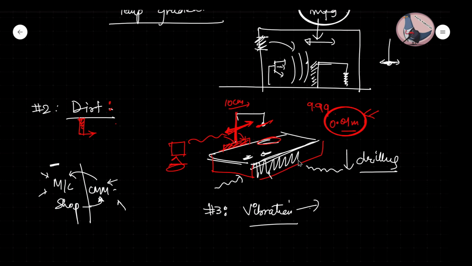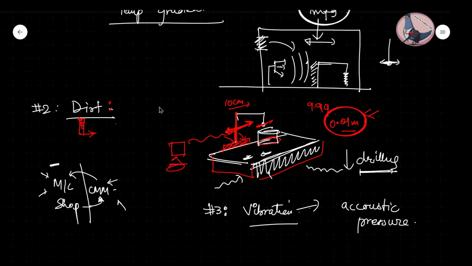This particular platform will start shaking. So if the job on it also starts shaking, the measurements captured by the probe will not be very good. This vibration can also come because of acoustic pressure, and this acoustic pressure can be due to many reasons.